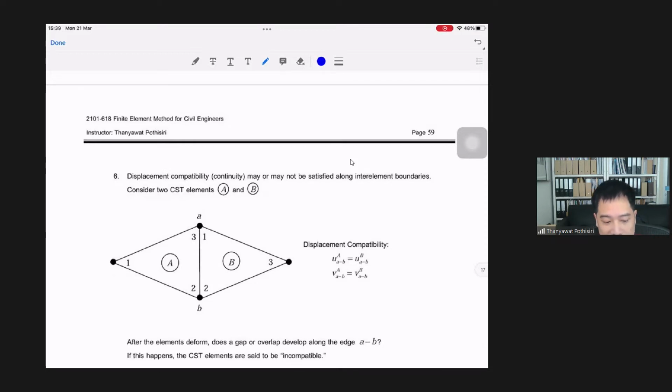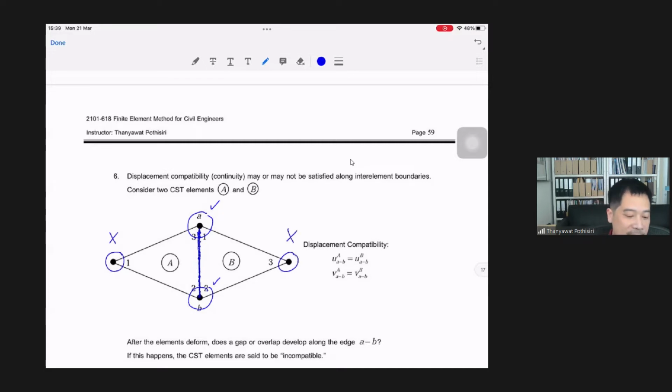For example, in this case, if you look along this boundary between element A and element B, you will see that the displacement along this edge would depend only on the displacement here and here. So there are no components of displacement from either here or here.